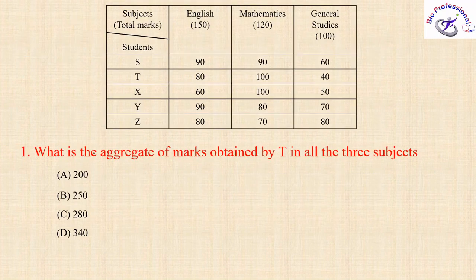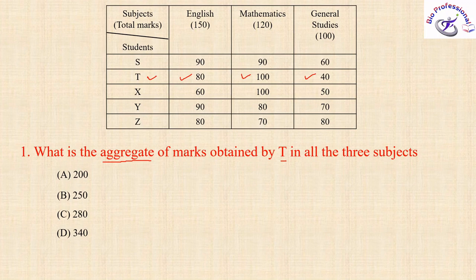The first question is: what is the aggregate of marks? Aggregate means the total number of marks obtained by T in all the 3 subjects. So this is T here, and the subjects are English, mathematics and general studies. You have to calculate 80% because this is percentage and the total marks is 150.